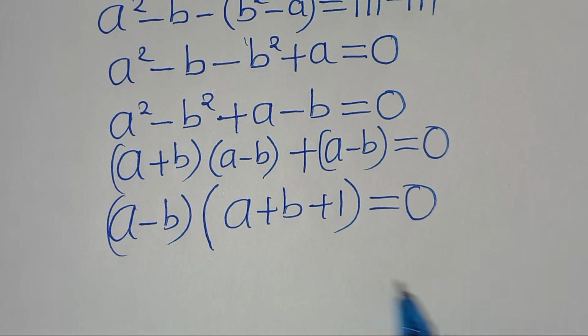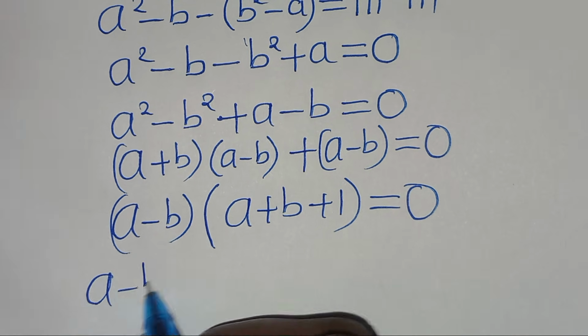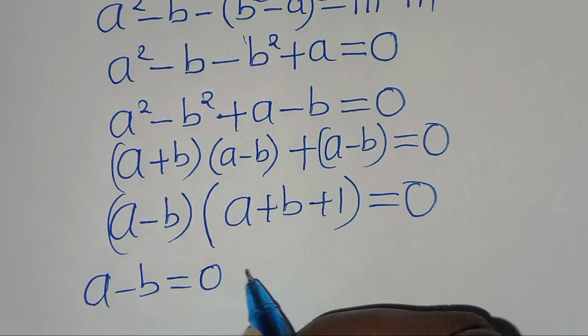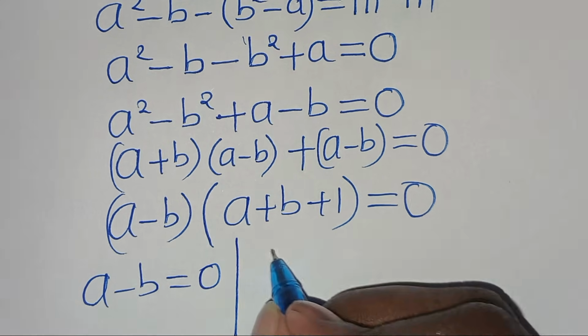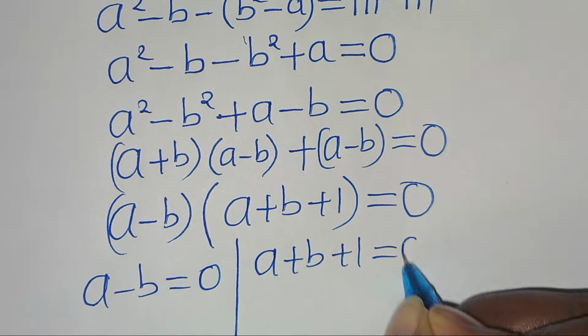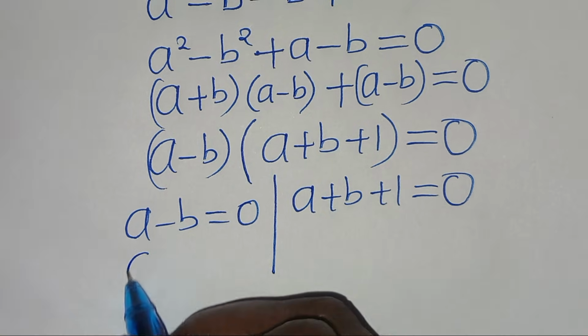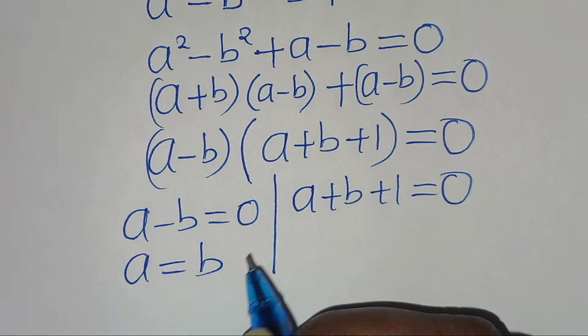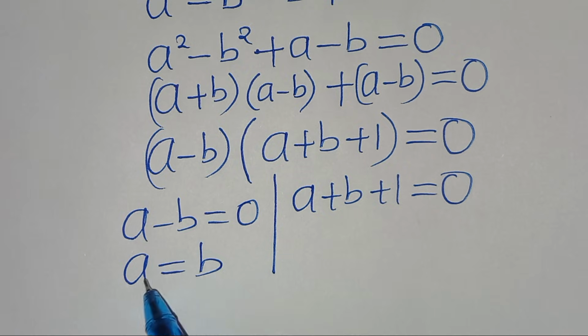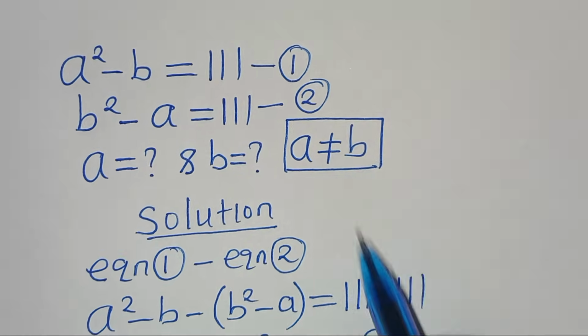So this implies that we have two parts here. The first part here is a minus b. This is equal to 0. And the second part here is a plus b, then plus 1. This is equal to 0. Now, from the first part here, we have that a is equal to b, of which this violates the condition here that a is not equal to b.